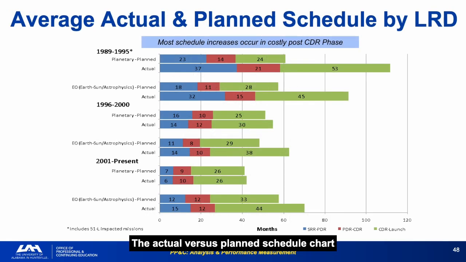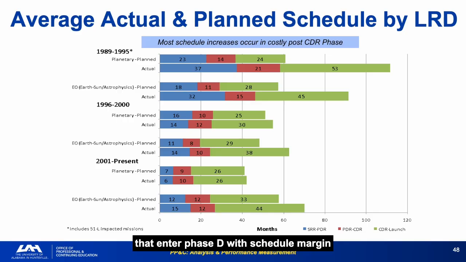The actual versus planned schedule chart, showing that most schedule increases occur in the costly post-CDR phase, not in the early formulation phases. The fact that most growth occurs post-CDR is significant for where PP&C places its analytical emphasis. CDR is the last gate before the expensive fabrication and test phases.